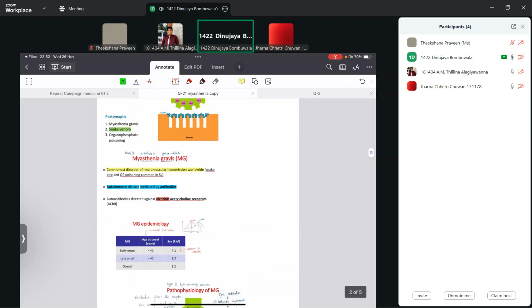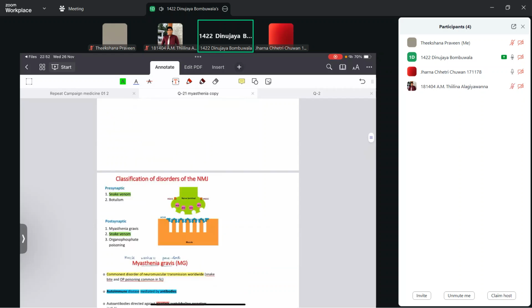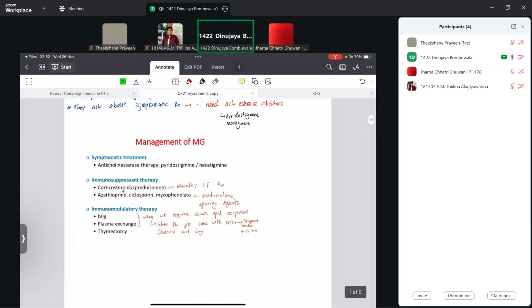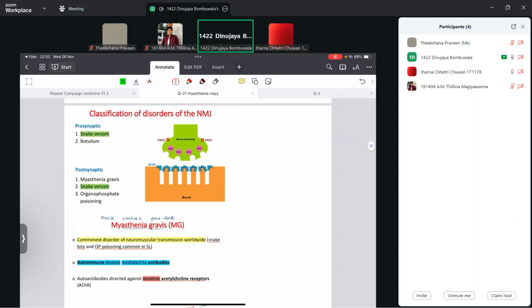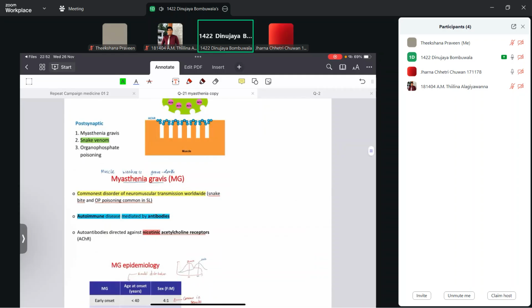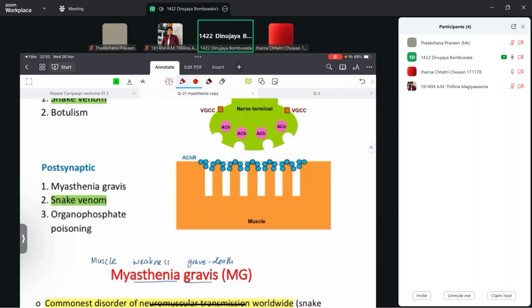So myasthenia, this is a disease of the neuromuscular junction. Again, this is from Chandler's lecture. There are neuromuscular junction disorders, presynaptic and postsynaptic. We only need these two: myasthenia and OP poisoning. OP also can be asked.